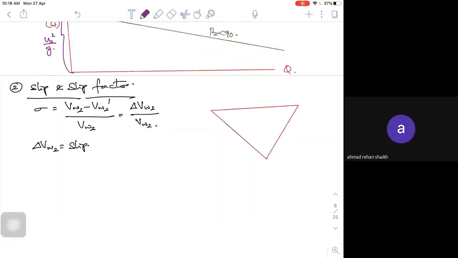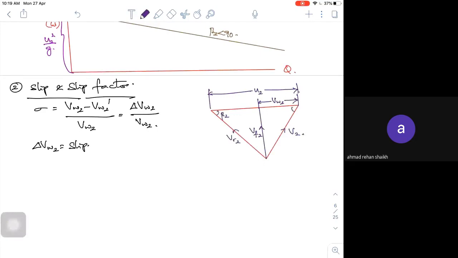This is my VF2, this is my VW2, and this will be my U2. This is my V2, VR2, beta2, and alpha2.